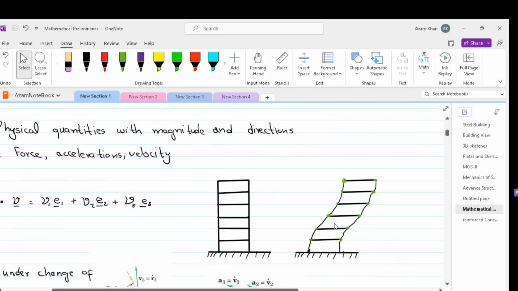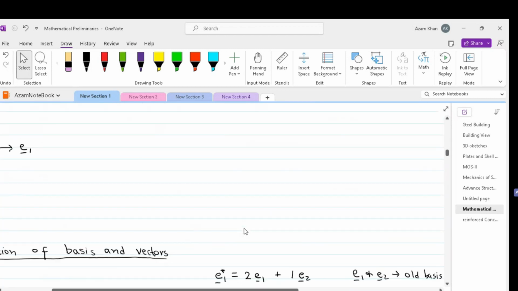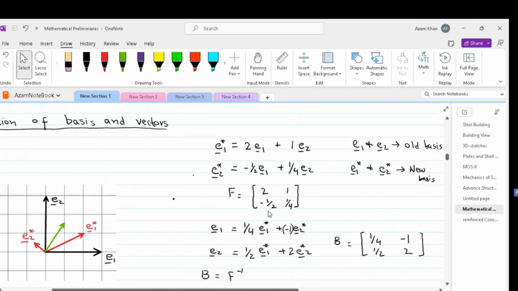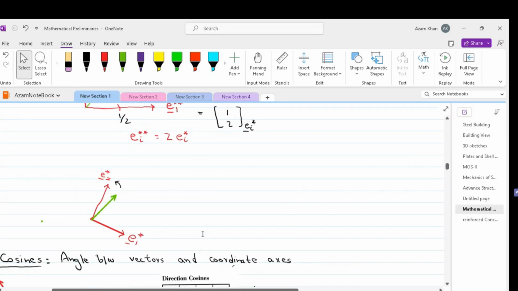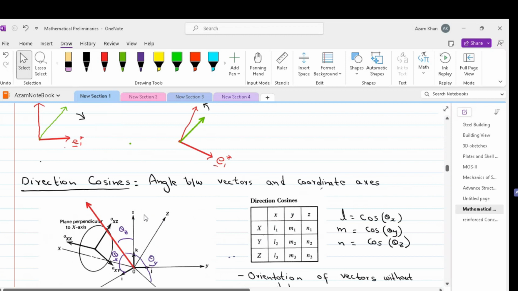So these are two different coordinate axes or different vector spaces. A transformation between these two axes can be performed by using the concepts which we have developed, like the change of bases, the vector positions with respect to different bases, and also the direction cosines.